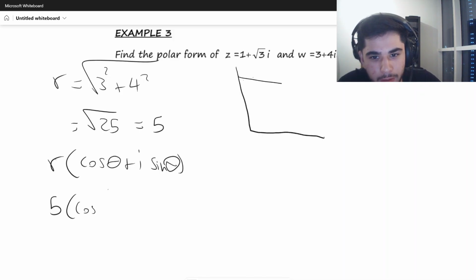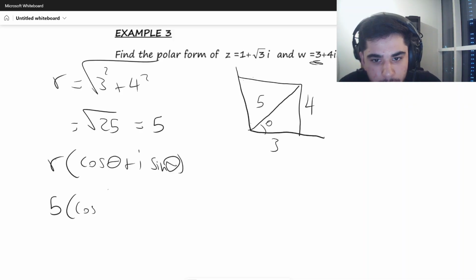Okay. So we know that this part, our real part, is our x, so that's 3. Then that's 4. Then that's 5. We need to find this part. Theta. I hate drawing theta.